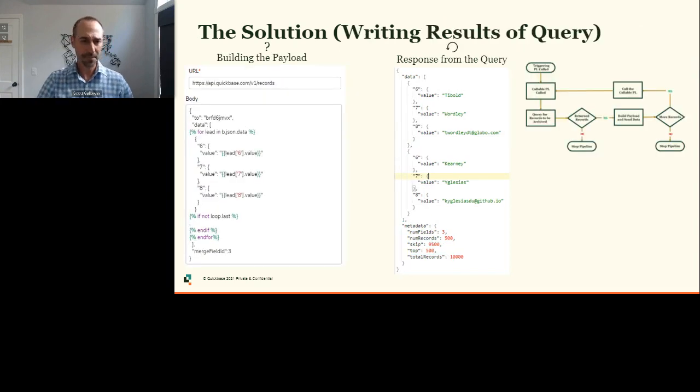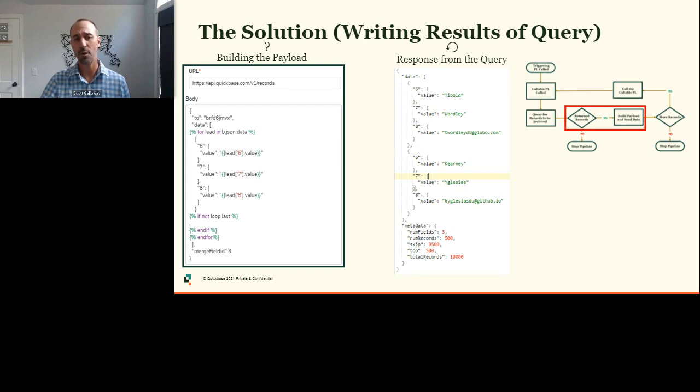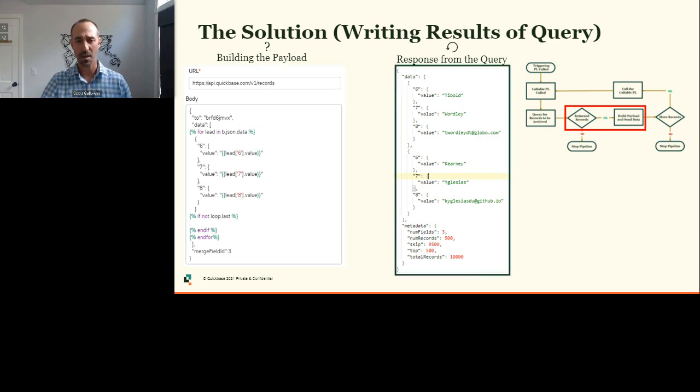All right. So the next step here, writing the results of the query. Right? So we need to build the payload for that. So if you look off to the left, we have an example of building a payload in a webhook channel step. Right? And then off to the right, we have the response from the query in the previous step.